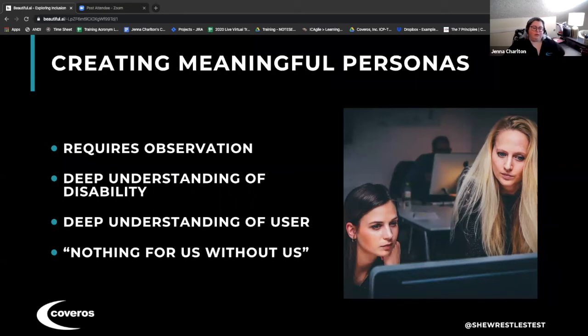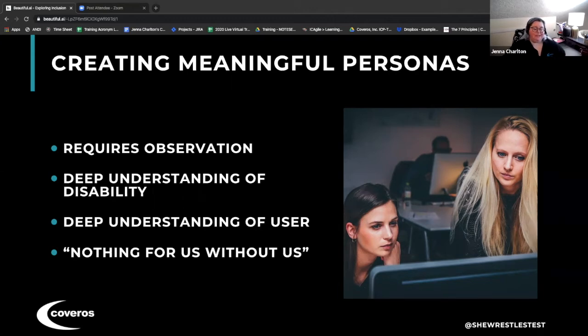So creating a meaningful persona requires observation. And when I say observation, this means that when you're looking to create personas, you may want to do an initial accessibility lab to bring in disabled users and ask them to use what you have so far. Observe the way they use your application. Look at where their trouble spots are and start building personas based around that.